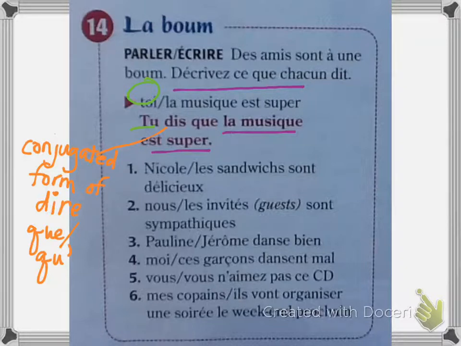So, again, I would like you to say these. So, numéro 1. Nicole dit que les sandwichs sont délicieux. 2. Nous disons que les invités sont sympathiques. 3. Polly dit que Jérôme danse bien. 4.